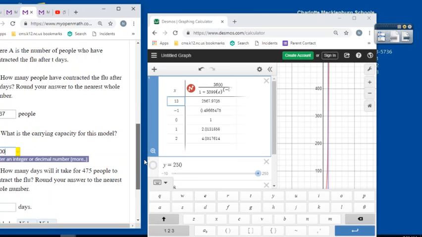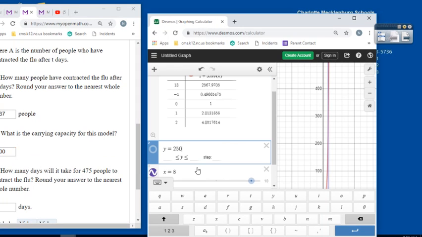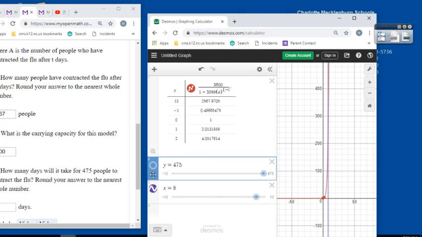How many days will it take for 475 people to contract the flu? That's when y is equal to 475. That says 9 days, approximately.